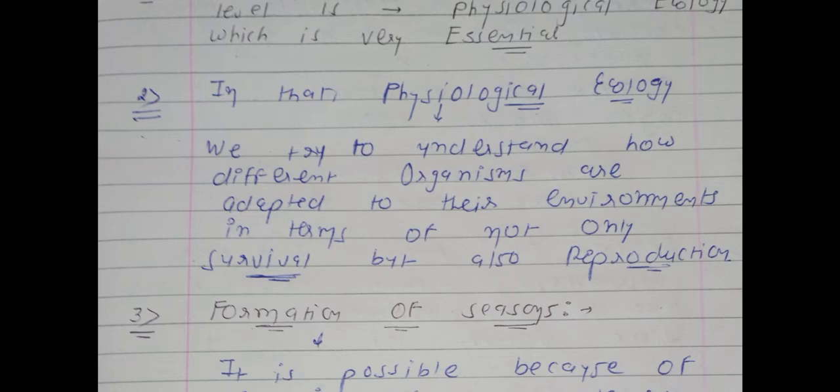We are trying to understand the adaptations of organisms towards their environment, according to the purpose of both survival as well as reproduction. So point number 2 is about understanding physiological ecology.